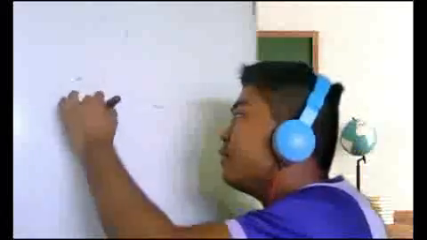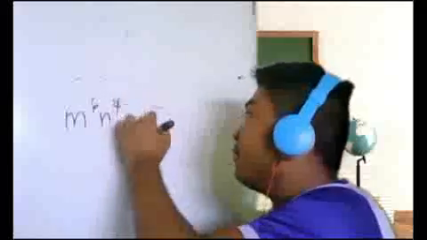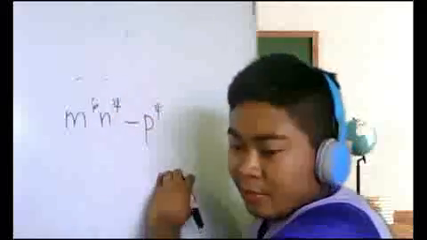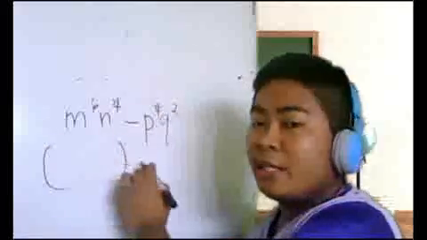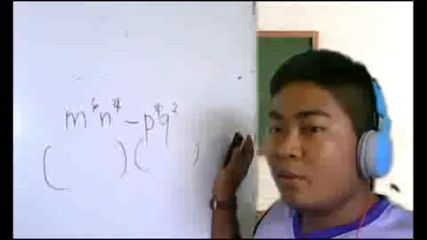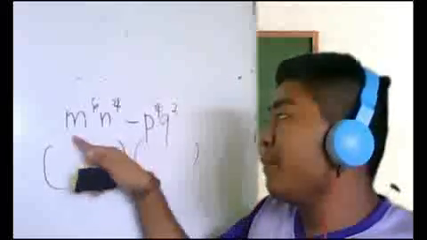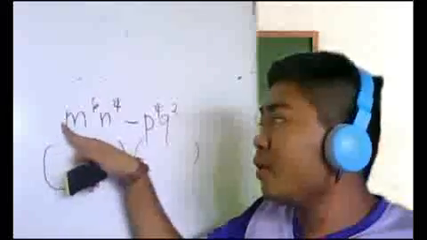M raised to 6, N raised to 4, and negative P raised to 4, Q raised to 2. So, gagawin lang dito natin is to draw 2 close and open parentheses, copy the variables kasi wala naman tayong coefficient.